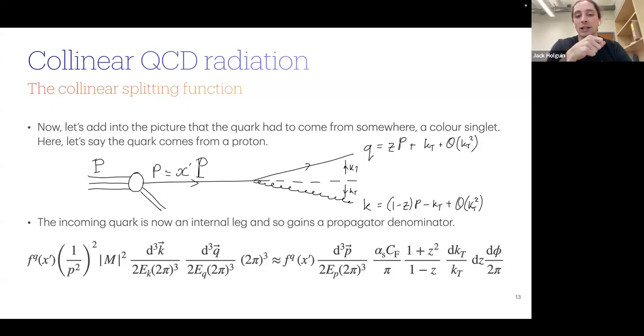In other words, the probability to have found this quark in the proton. And then this 1 over p squared, which is the propagator for the quark, because we've now embedded it as an internal leg. And if you substitute in all the results from the previous slides and simplify it down, you get the answer on the right-hand side here.